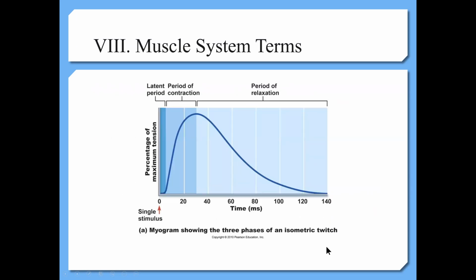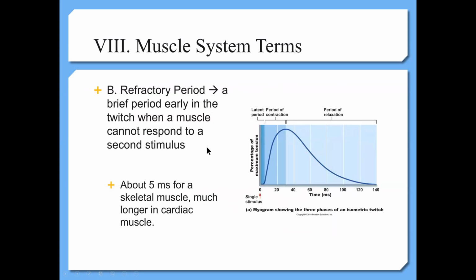We have a refractory period, a brief period early in the twitch when the muscle cannot respond to a second stimulus. What that means is something is going on internally, and the mechanisms are being reset. We don't define it in muscles like we do in nerves, and when we get to chapter 11, we'll talk more about that.